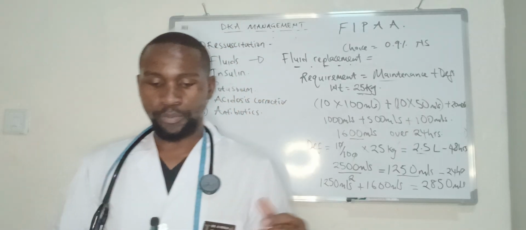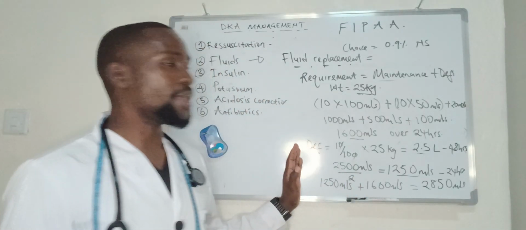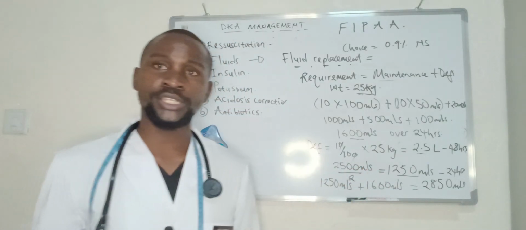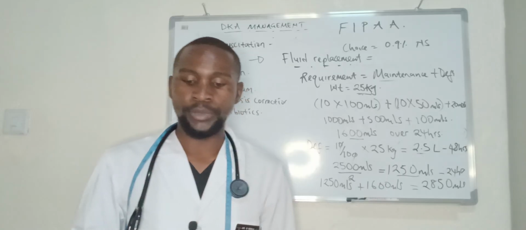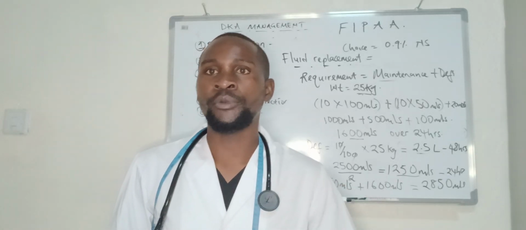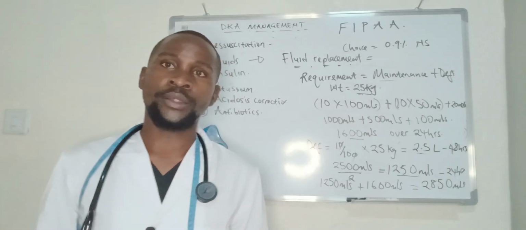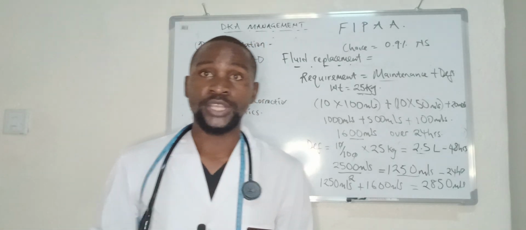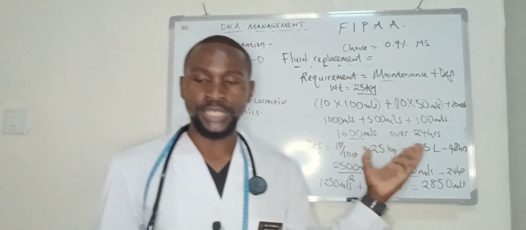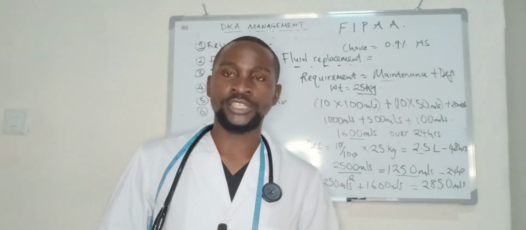The fluid of choice is 0.9% normal saline. And as you treat, make sure you're monitoring the blood sugar levels every time and again. You monitor it every after 30 minutes, half hourly. The moment that you see your blood sugar levels are falling to around 12 millimoles per liter, you are supposed to change the fluid from 0.9% normal saline to DNS.